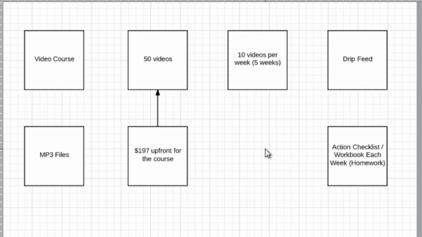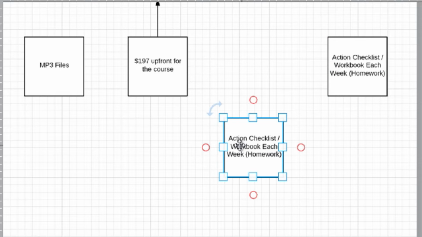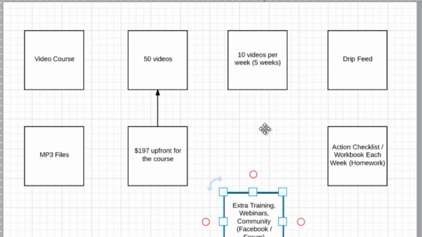So actually what you could do is you could add a component of a community. So we could say you could get extra training, extra webinars, extra community, like a Facebook community or something. Facebook or forum. I will say Facebook communities tend to be a little bit easier to manage.